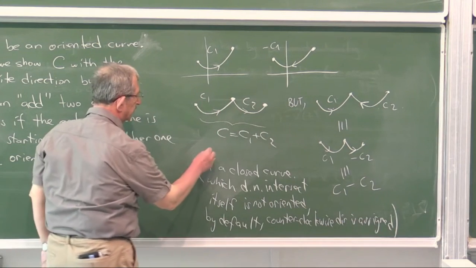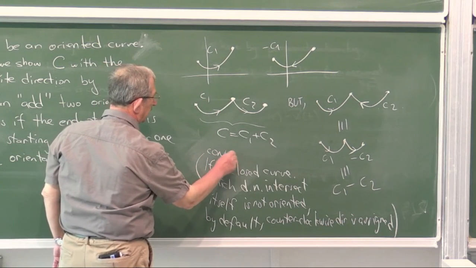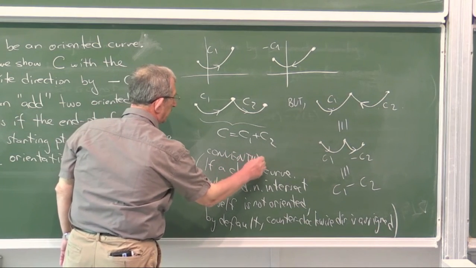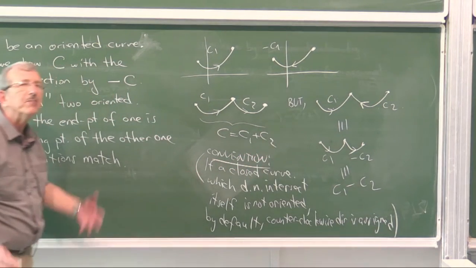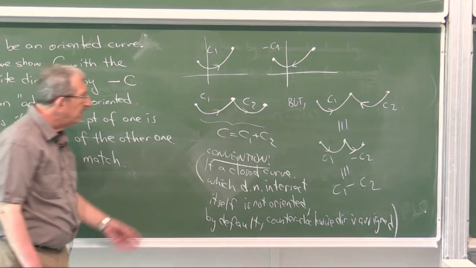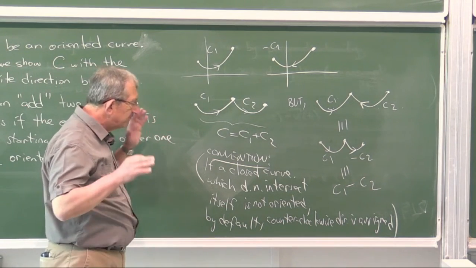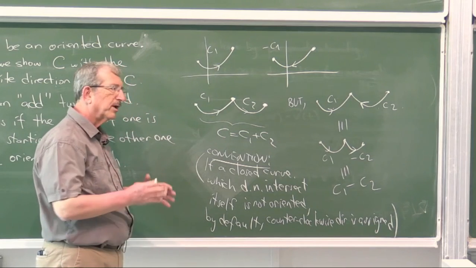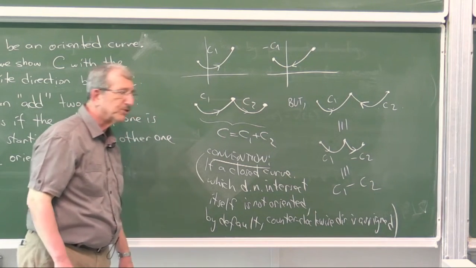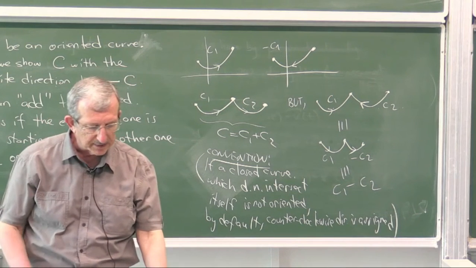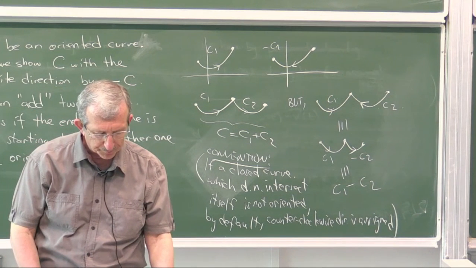This is a convention. That is an agreement. We agree that if you have a closed curve which does not intersect itself, but there is no orientation, the counterclockwise orientation is automatically assigned to it.